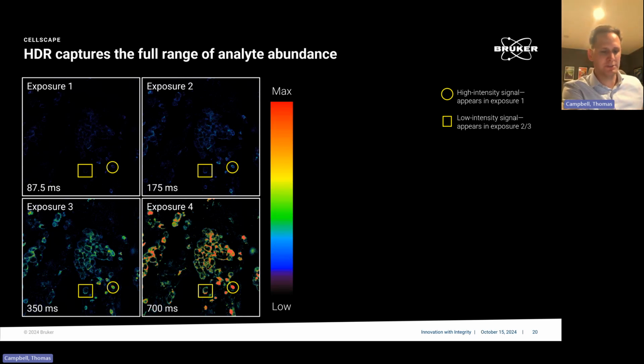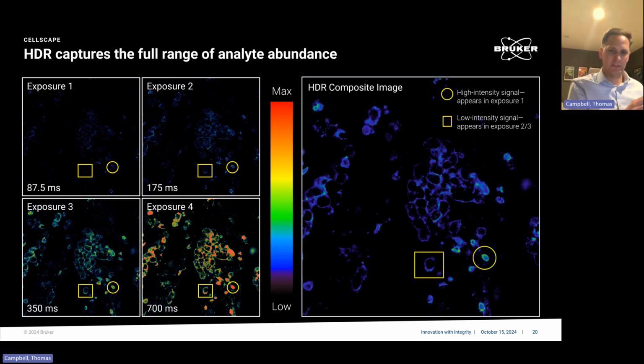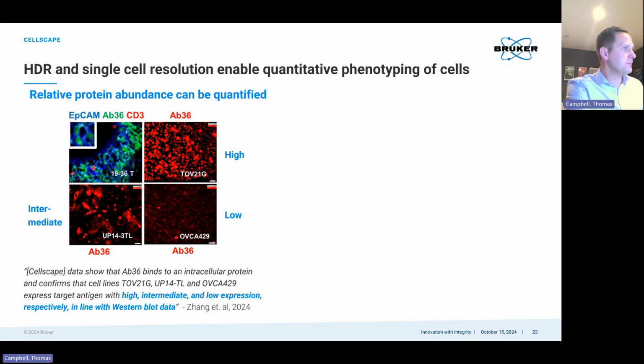So you really do need multiple exposures to quantify across this full continuum. And then what we do is we take signal intensities on a pixel by pixel basis from each of these images and sum them together into a new composite image with a broader range of pixel intensity values.